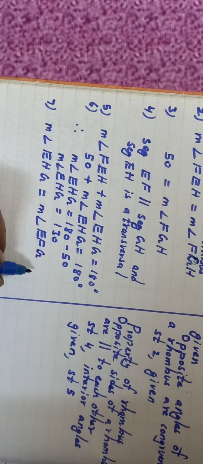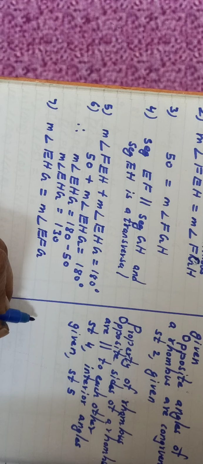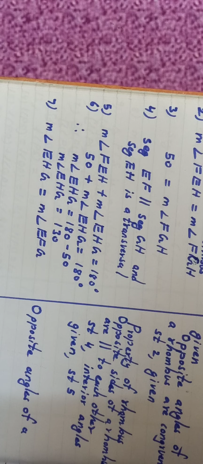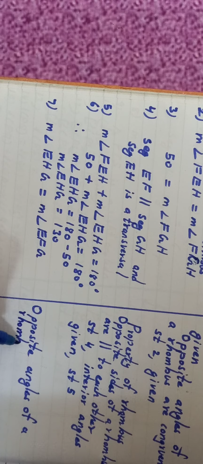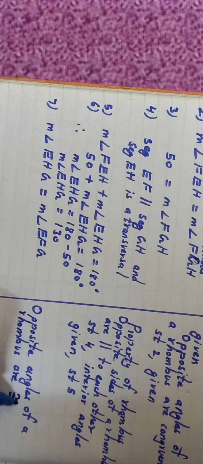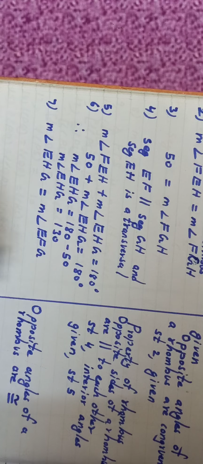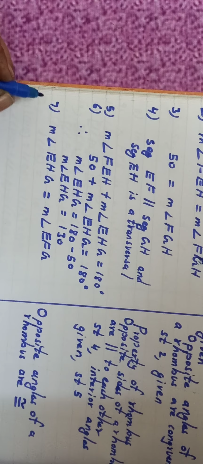Now what will we write here as the reason? Opposite angles of a rhombus are congruent. Like this, you should write the reasons. The congruency sign you can also use. Opposite angles of a rhombus are congruent.